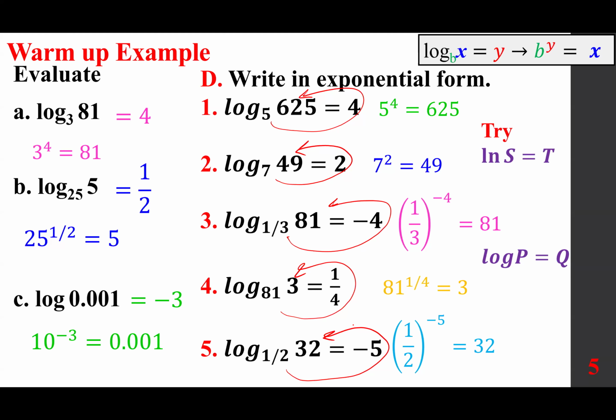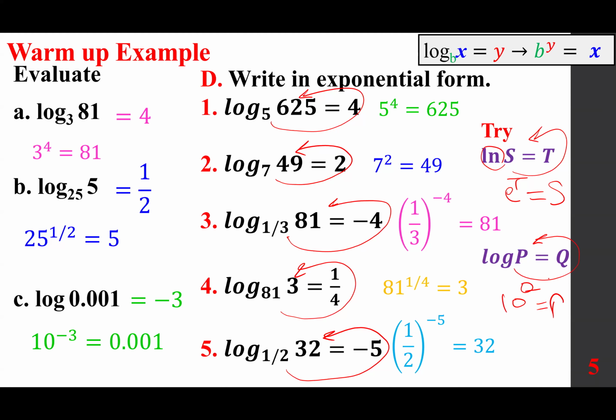Now, what about ln s equals t? Remember, when you see natural log, that means the base is e. e to the power of t must be s. When you see log, no base, the base must be 10.